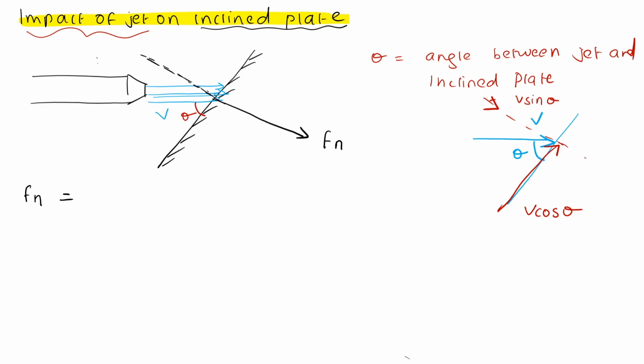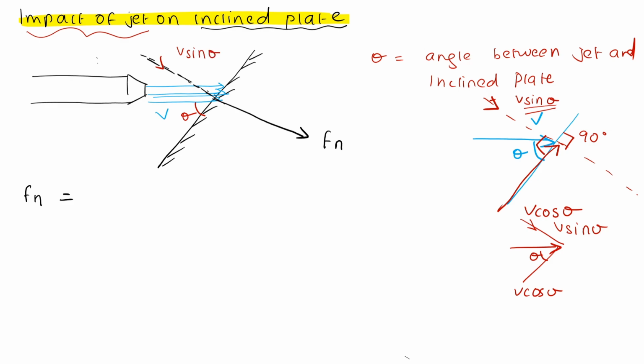The normal force is exerted normal to the surface, that means at 90 degrees to the surface, so the velocity component in that direction is v sin theta.